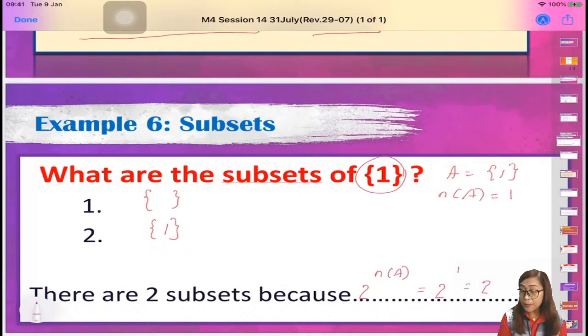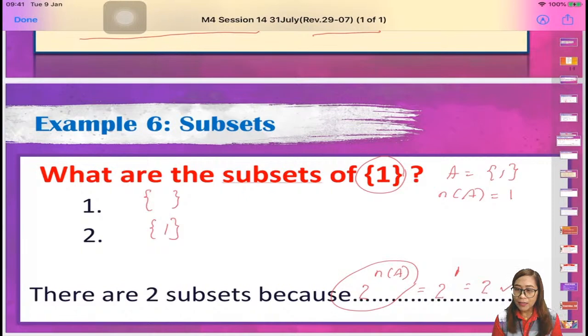There are two subsets because of this formula, 2 to the power of the cardinality of a given set. In this case, n of A is 1, so just substitute. So 2 to the first power is equal to 2. Okay? I hope that you are all following.